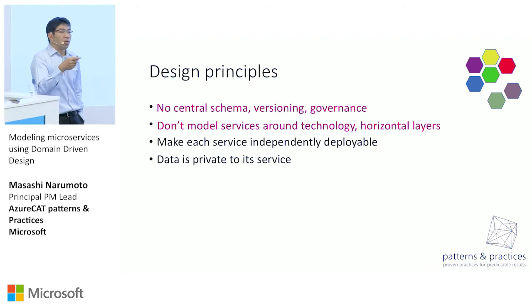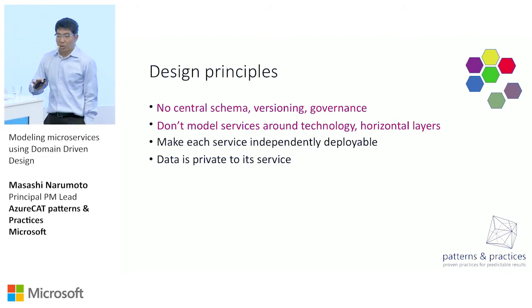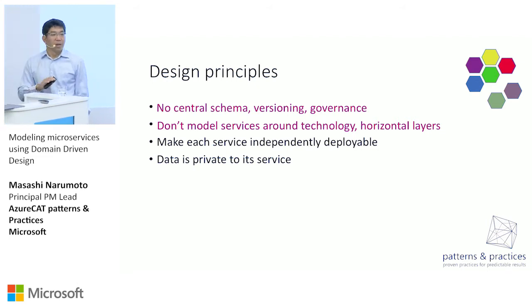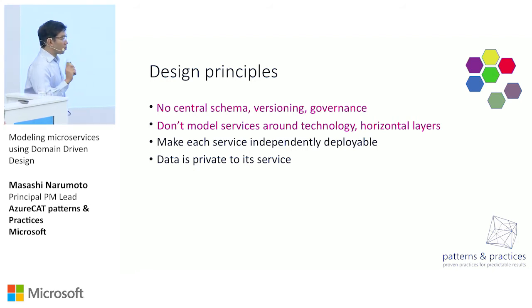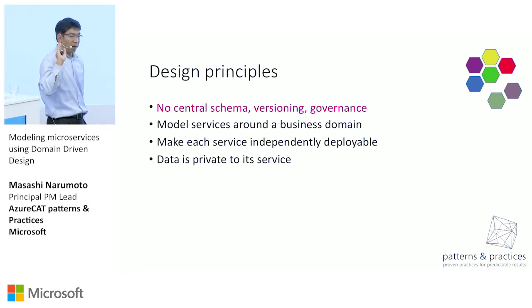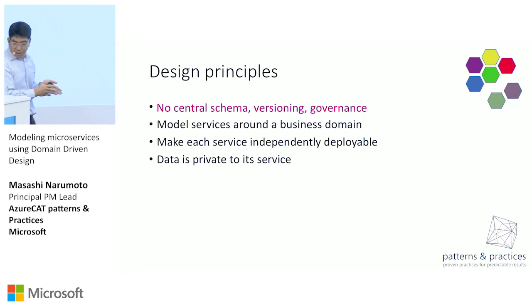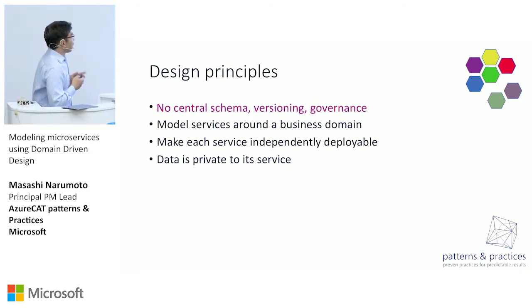If you model services around those technologies, you have to remodel again. If you model services around the business, it's relatively stable. Unless the business changes significantly, you don't need to change the model. And forget about horizontal layers, like a data access service across all other business layers. That's the wrong mindset. It has to be the vertical slice.